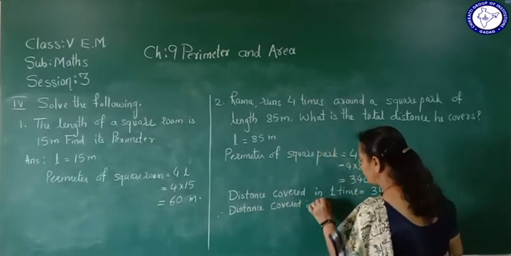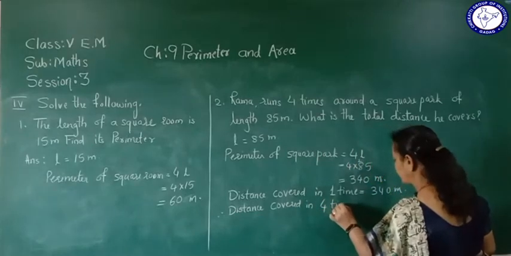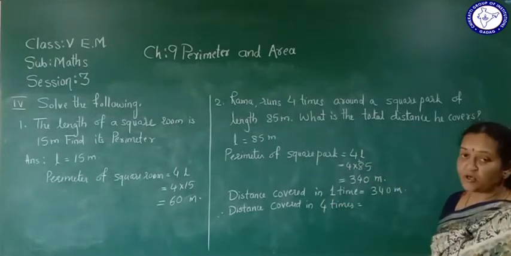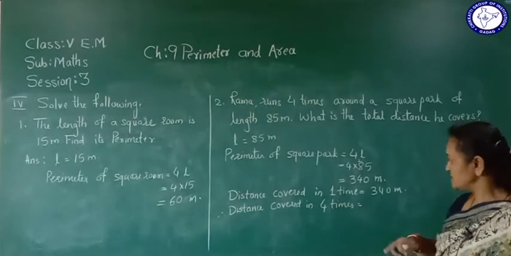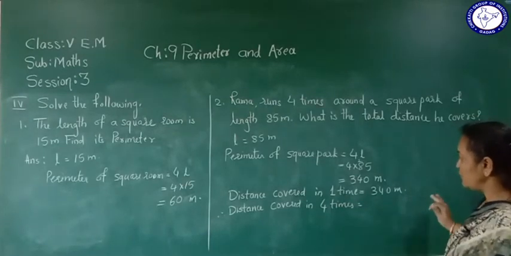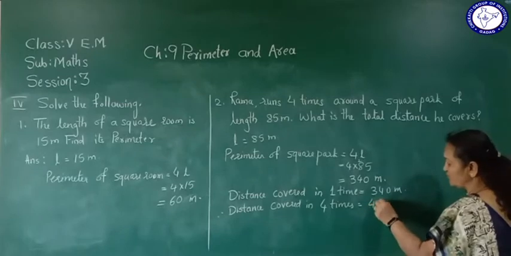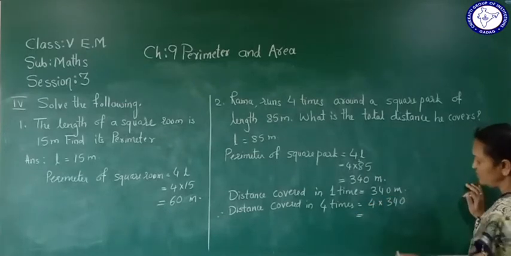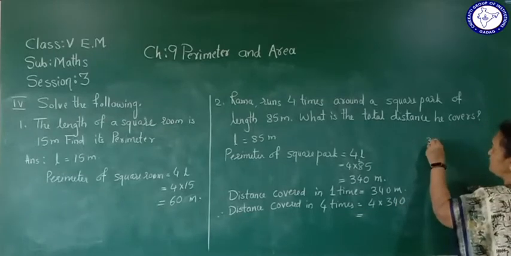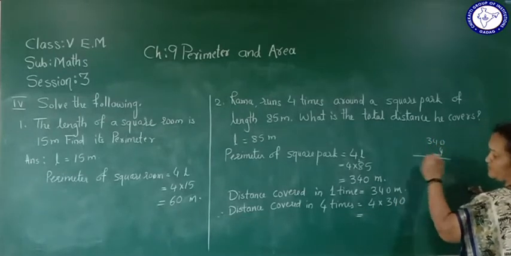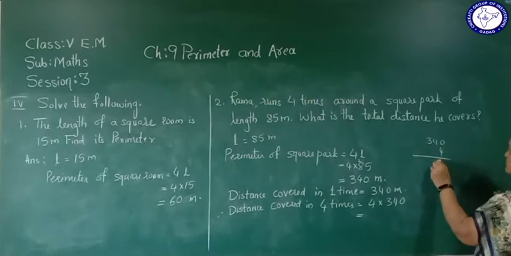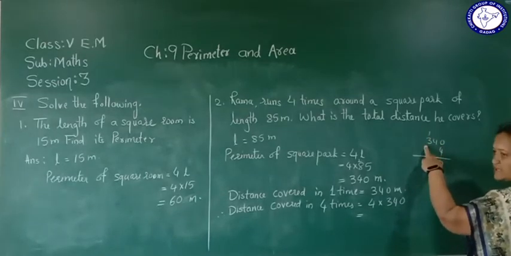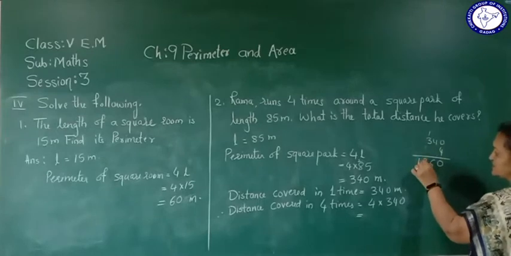So here therefore distance covered in 4 times. If Rama runs 4 times around the square garden, then 4 into 340 we should do. 4 zeros are 0, 4 4s are 16, carry 1, 4 3s are 12, 12 plus 1 it is 13.